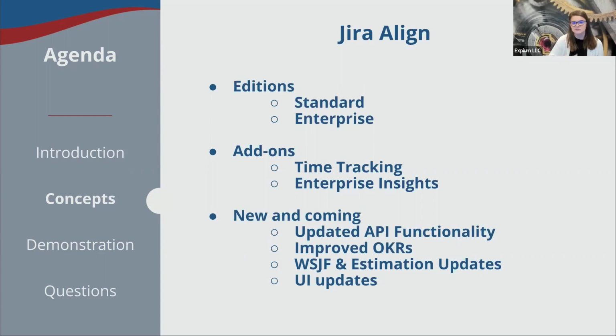The objective tree started to look a lot more like other Atlassian tools we're used to. So that's really exciting, very excited for that full rollout. And there's also been some updates with WSJF or weighted shortest job first. It's now specifically a prioritization method, which is following the SAFe model. And also some updates to estimation and estimation conversions. And we're also seeing some UI updates as they go along, better descriptions, easier to find buttons, things like that.